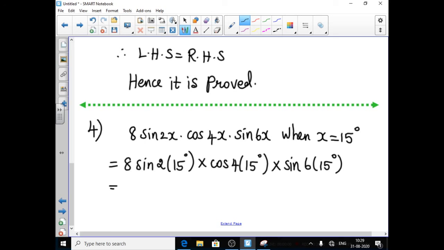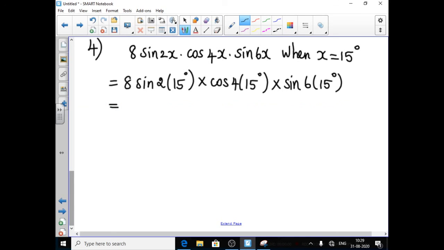That is equal to 8 sin 2 into 15, that is sin 30 degree, into cos 4 into 15, which is 60, so cos 60 degree, into sin 6 into 15, so sin 90 degree.